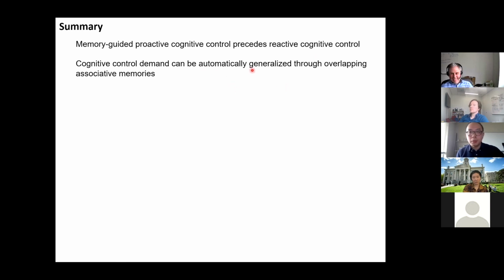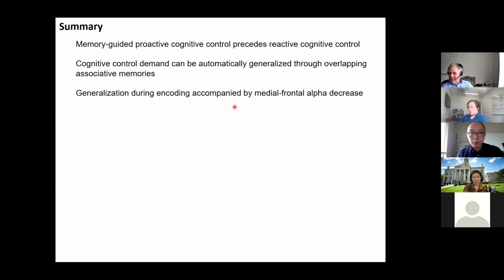I say it's automatic because it occurs before we probe the association in the test phase. Therefore, this is kind of free knowledge we get while we are learning the AB and AC associations. So we learn the BC for free during this process, and this generalization seems to involve this alpha decrease in the medial frontal channels. So that's all I have for this study.